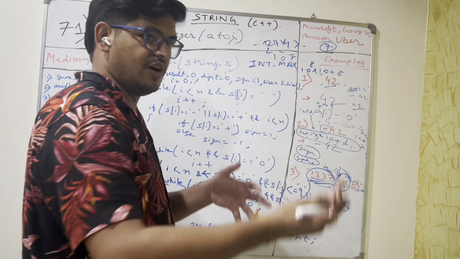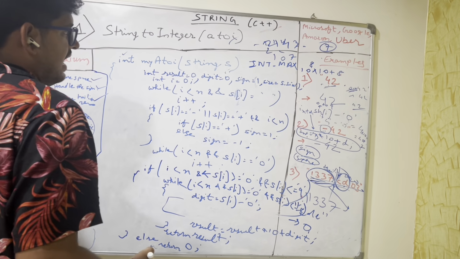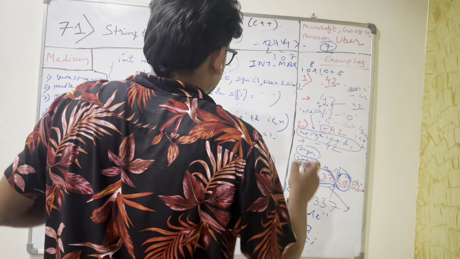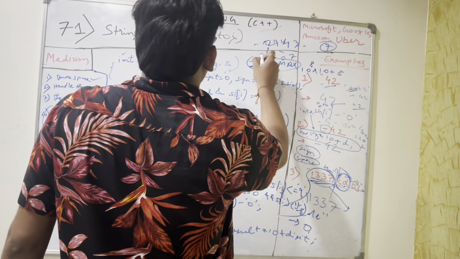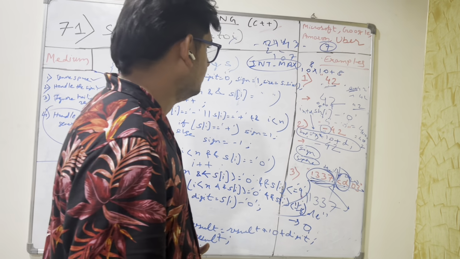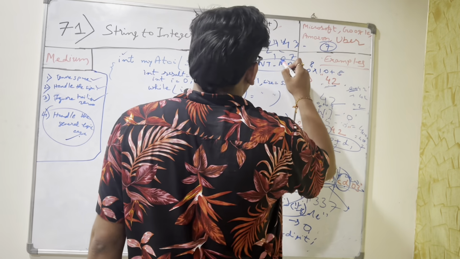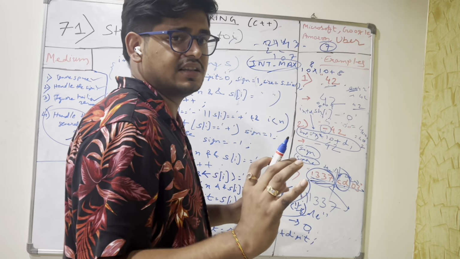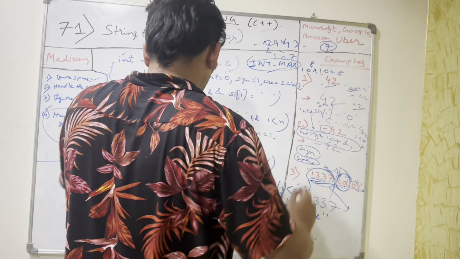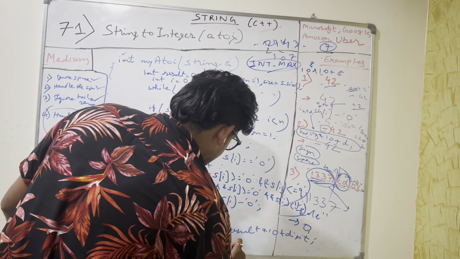If we want to store further, we can store it as float, double, or another data type. But if this value overflows when we convert the string to the numeric value, then we need to return the int max value or the int min value.